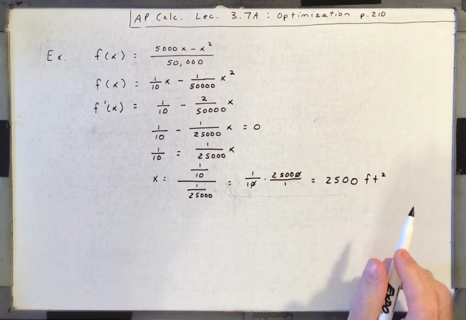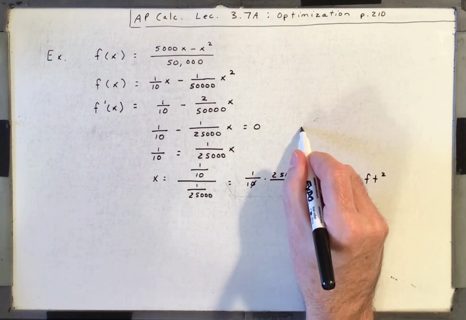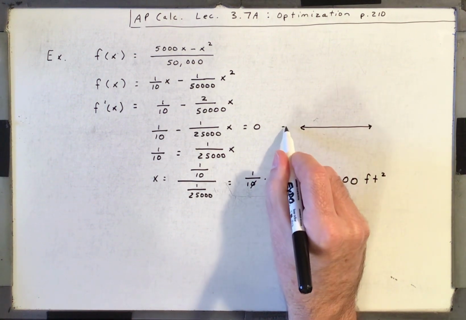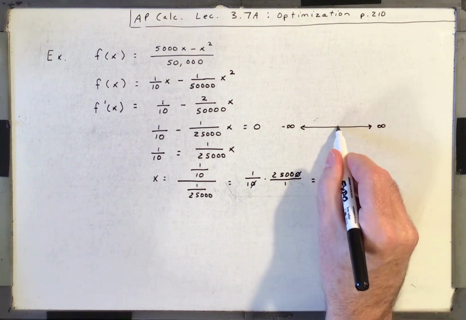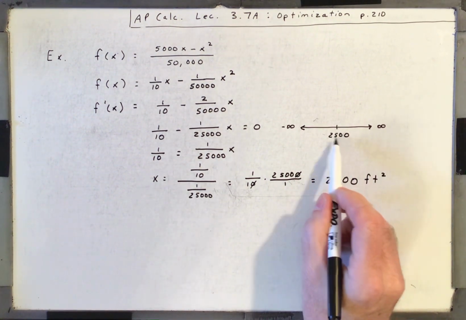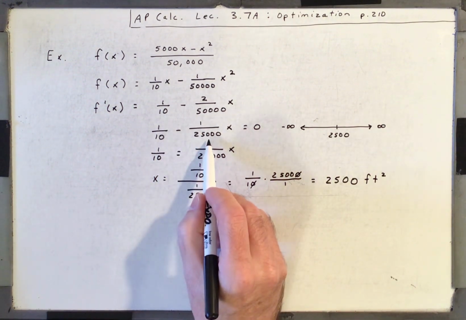Now let's make sure that this is a maximum. Okay, so it could be a minimum. So we've got negative infinity, infinity. Our critical point is 2,500. So a number to the left of 2,500, let's say, is 1. So it'd be 1/10 minus 1 over 25,000.